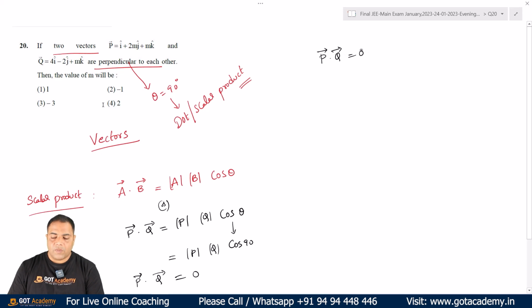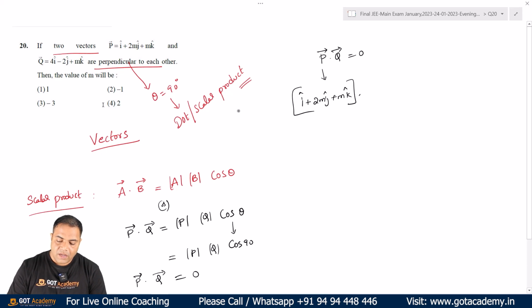So let us go with the dot product of these two. Substitute: P is I plus 2m J plus m K, and coming to Q, it is 4I minus 2J plus mK, equal to 0.